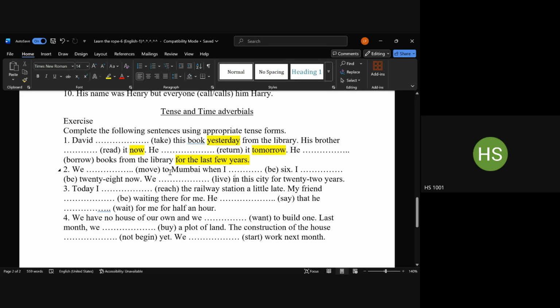Now, second one: we dash move to Mumbai when I dash be 6, I dash be 28 now. We dash live in the city for 22 years. First one, we moved to Mumbai when I was 6, correct?